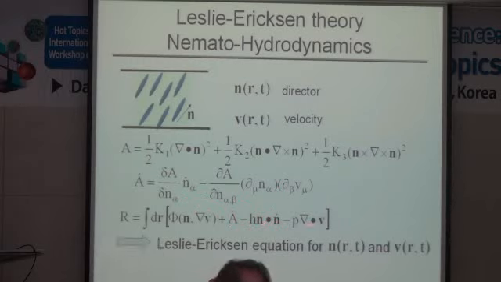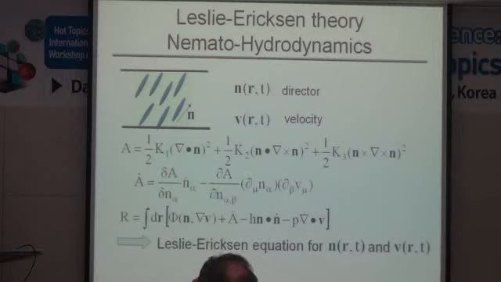This stands for the constraint of incompressibility. And by just minimizing this Rayleighian with respect to n dot and v, you have the set of equations that is called the Ericksen-Leslie equations.